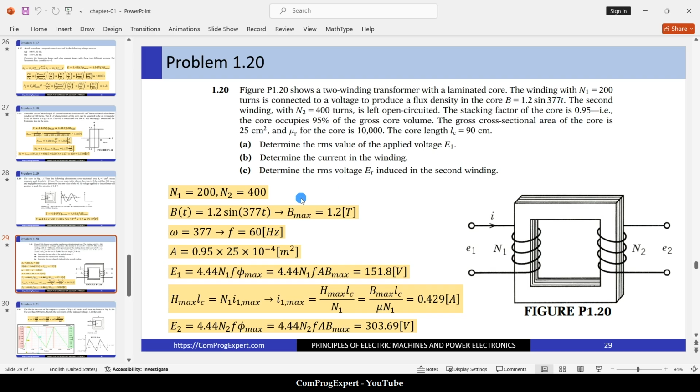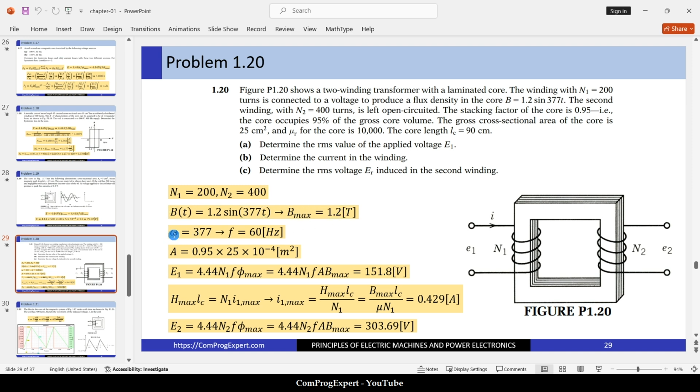Yes, we have this time varying function, and the value of the flux density in the core is given here. The variation is sinusoidal. The maximum value is 1.2 Tesla.